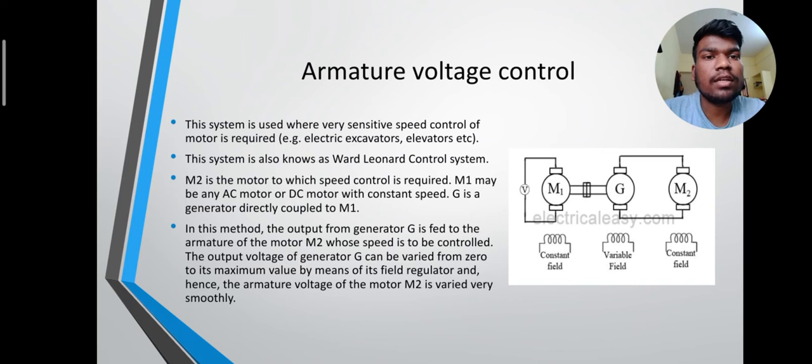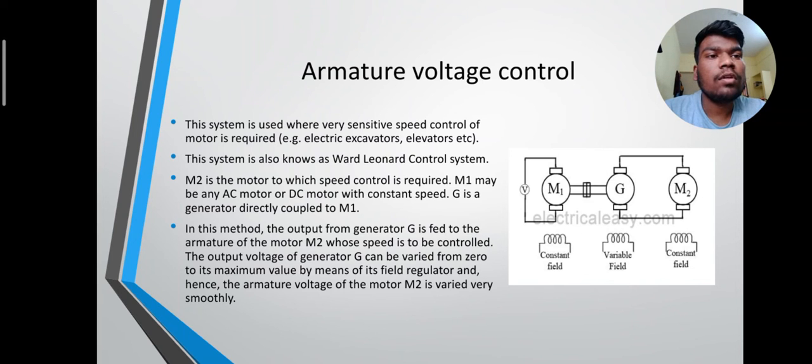G is the generator directly coupled to the M1 motor, and in this method the output from generator G is fed to the armature of the motor M2 whose speed is to be controlled. The output voltage of generator G can be varied from 0 to its maximum value by means of its field regulator, and hence the armature voltage of the motor M2 is varied very smoothly.